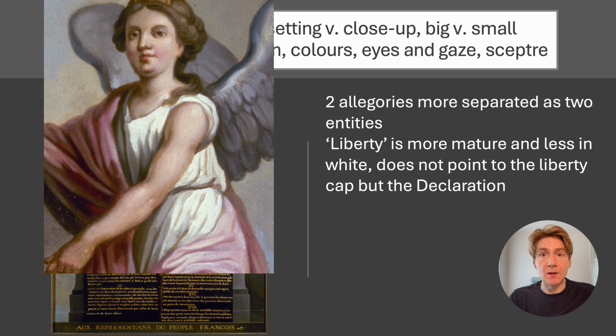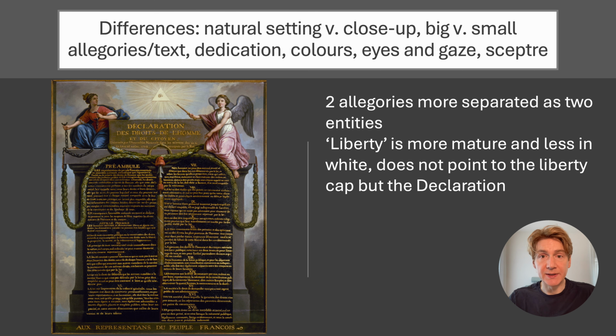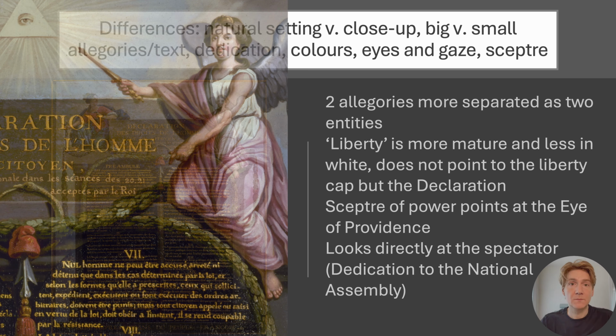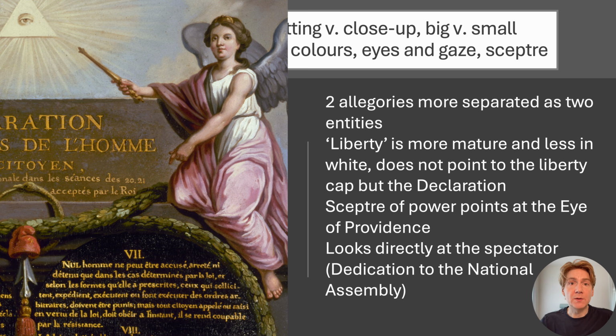If we zoom in on her face, we can see that she has more mature traits. If we look at the direction of the arms, we can see that the scepter points directly at the eye of Providence, while the index on the other arm is pointing down at the text of the declaration and not at the Liberty Cap.